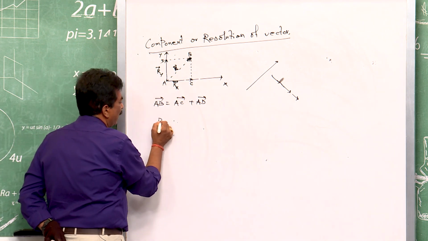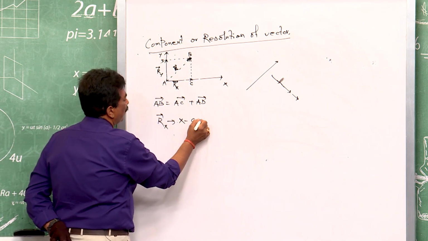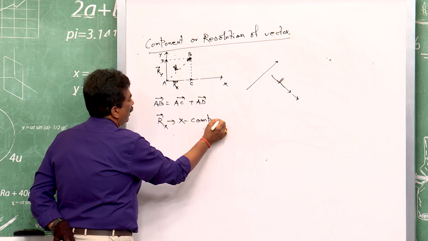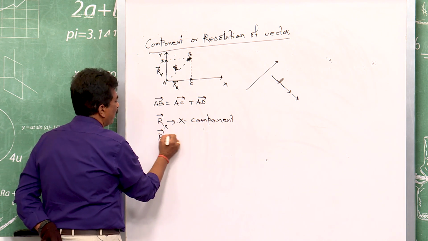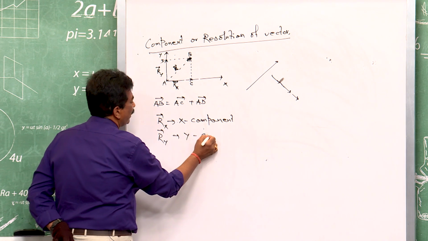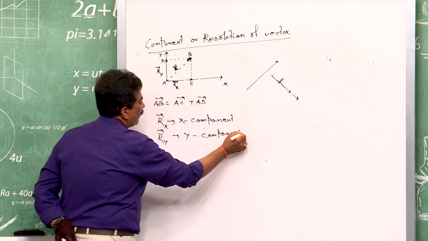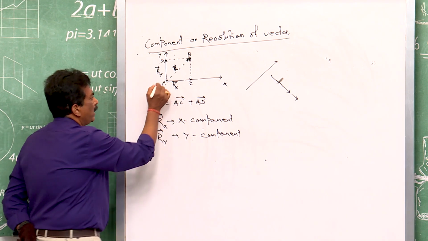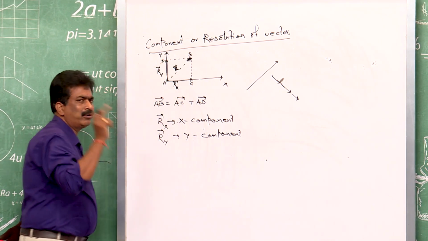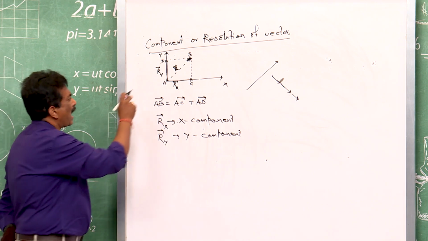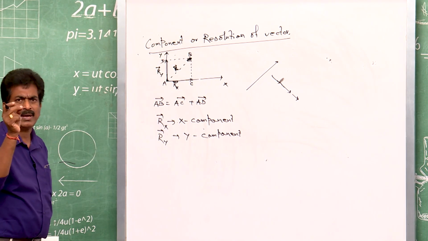This Rx vector is the x component, and the Ry vector is the y component. By our definition, the addition of these two vectors must be the same vector.